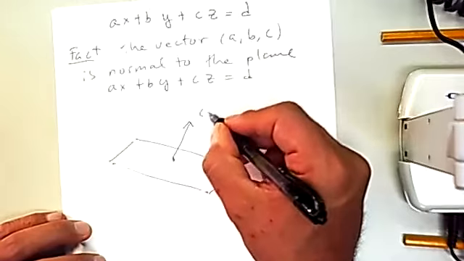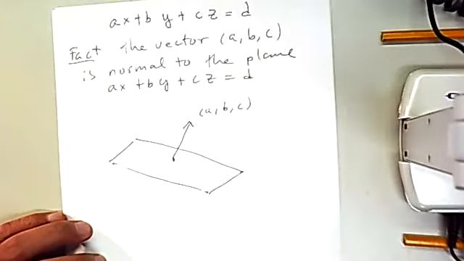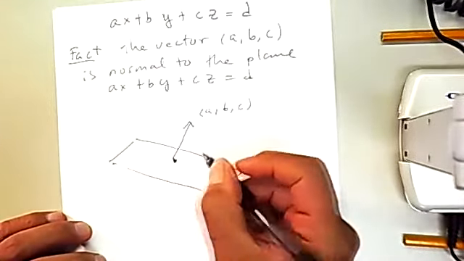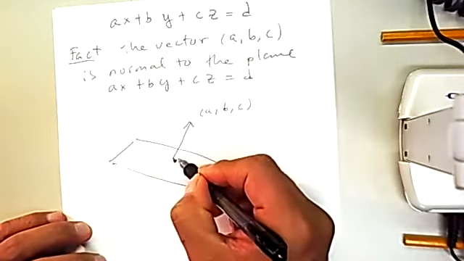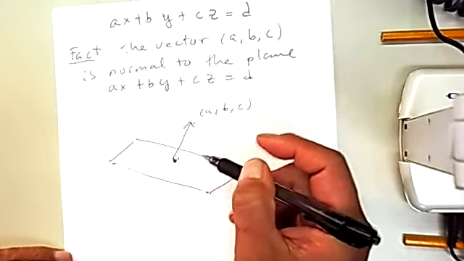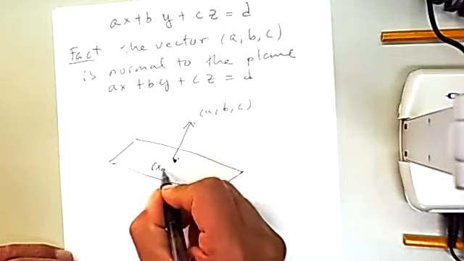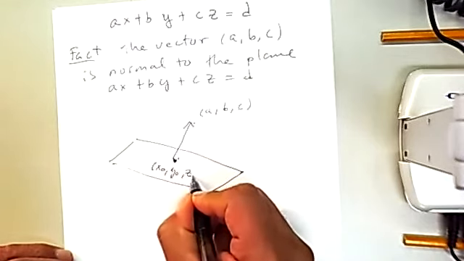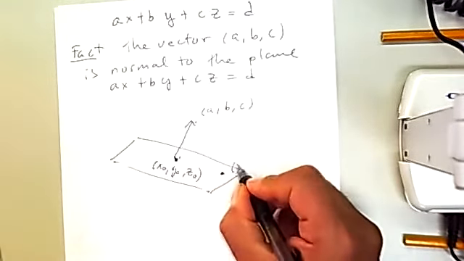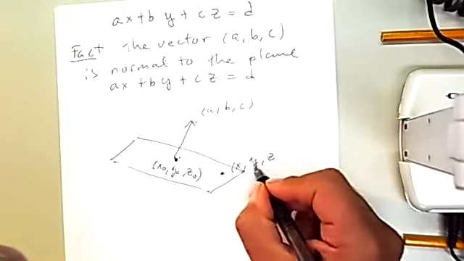We claim it is, A, B, C to the plane. Let's pretend this point here is at the base of the vector. So let's label this point as x naught, y naught, z naught. And then we have a generic point here, x comma y comma z.